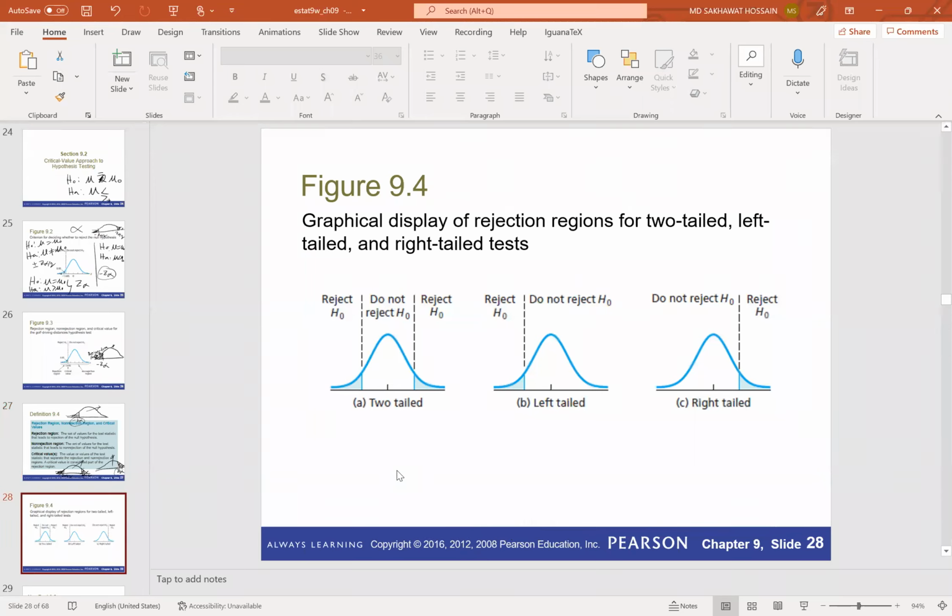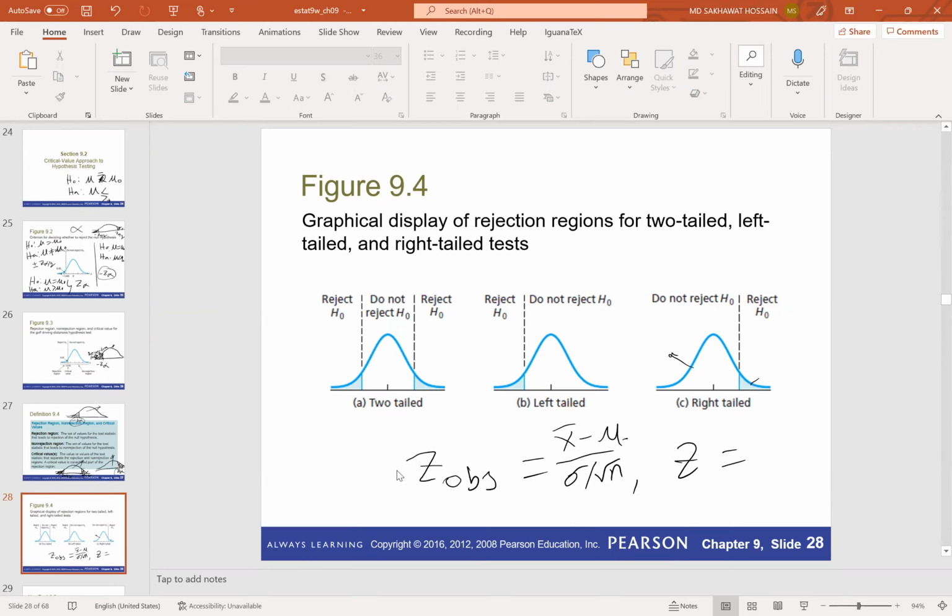Okay, so here is the graphical display of the rejection regions for left tail, right tail, and two tail tests. So this is the rejection region and this is the non-rejection region. Now, how do we take our decision? We calculate the test statistic, which is called Z observed or just Z. The test statistic is X bar minus mu over sigma over square root of n.